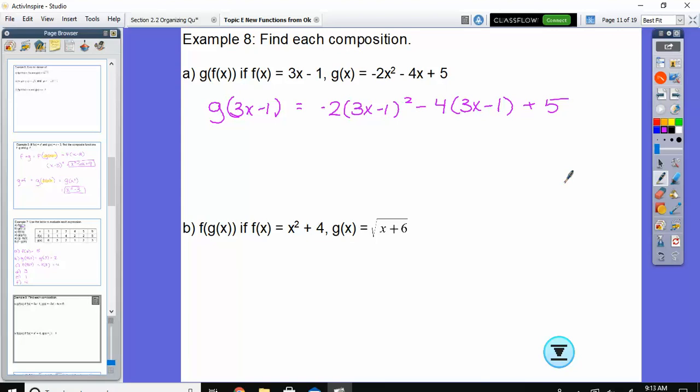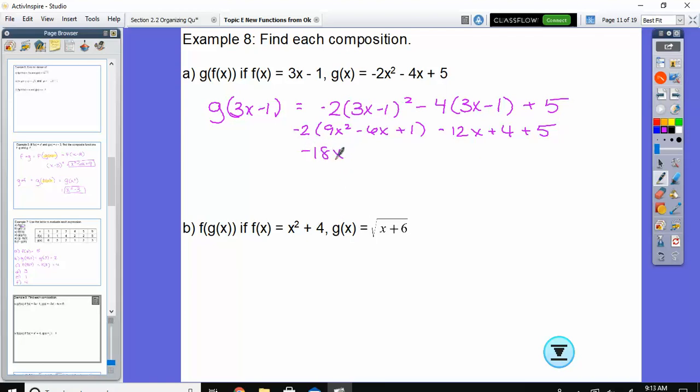Okay, now I need to multiply all this out. When I have 3x minus 1 squared, what do we have to do? FOIL. So 3x times 3x would be 9x squared. Negative 3x and negative 3x would be negative 6x. Negative 1 times negative 1 is positive 1. Minus 12x plus 4 plus 5.